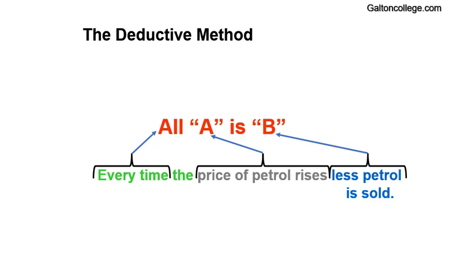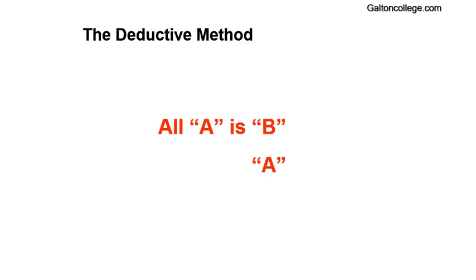The price of petrol, that's A, less petrol is sold is B. Now, we know that all A is B. Now we're told A. And if we're told A, therefore B. That's straightforward. If we have all A is B, and we're told we've got A, then we've got B.